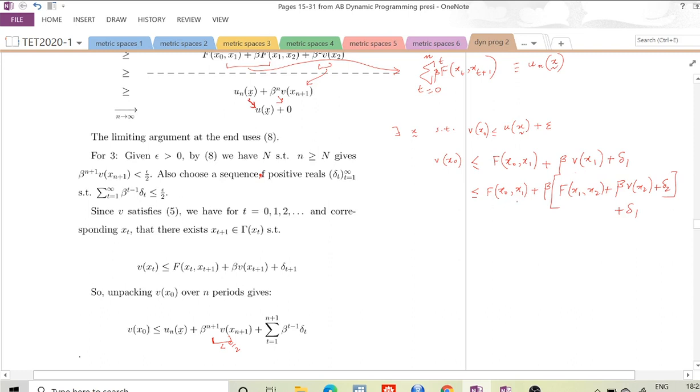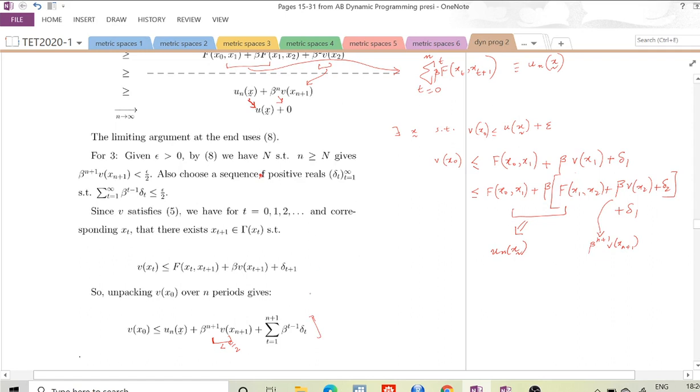Okay, so after n steps we have these two terms to start off with, plus other terms to get this partial sum, right? And then we have this beta squared v of x2 term after n steps becomes beta to the n plus 1 v of xn plus 1. And then we have a sum that looks like delta 1 plus beta delta 2 plus beta squared delta 3 and so on. That's this term.